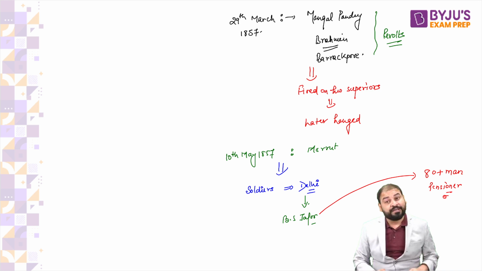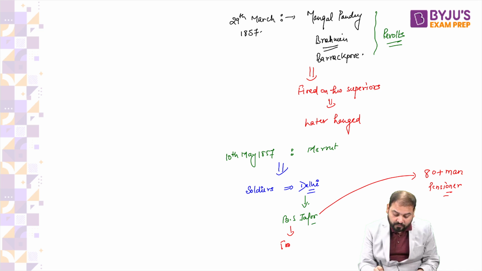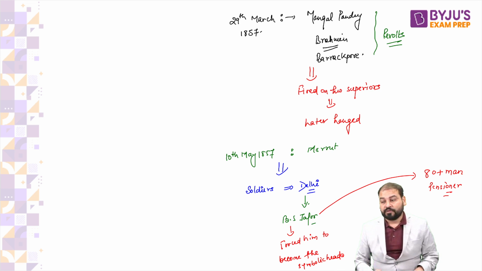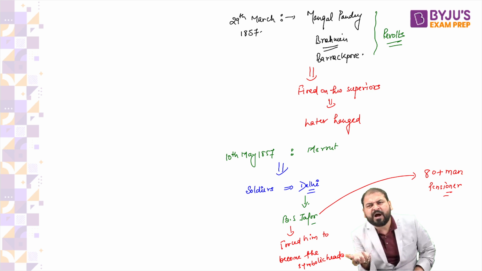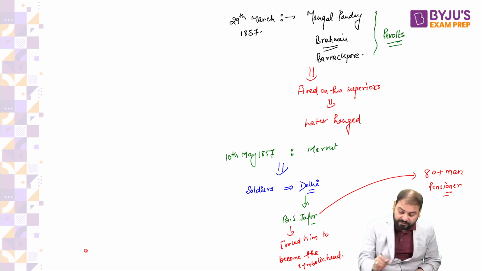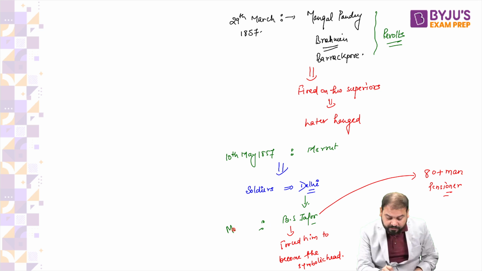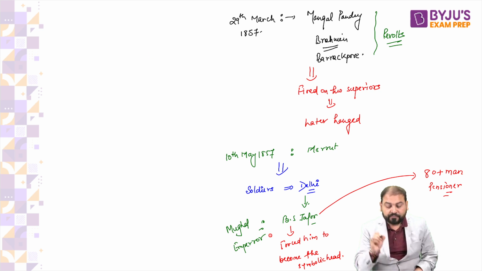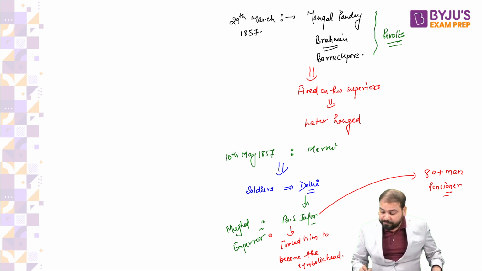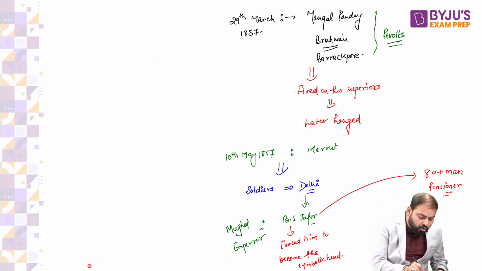But the soldiers entered the palace and forced him to become the symbolic head. Now everyone, some of you will say, why only Bahadur Shah Zafar? The reason is, on paper, he is still the Mughal emperor. And these sepoys, these people, they don't know where to go.